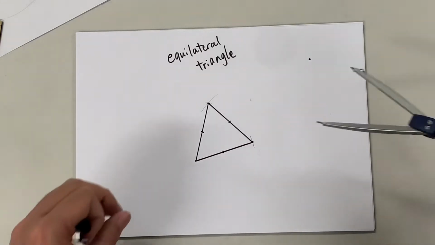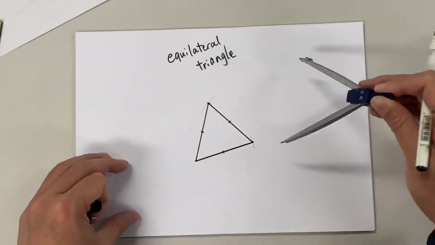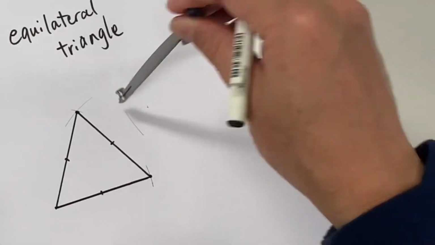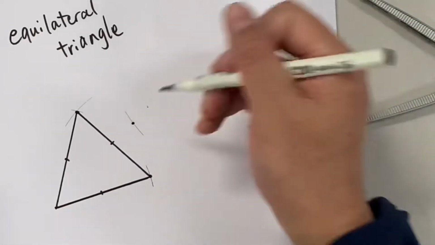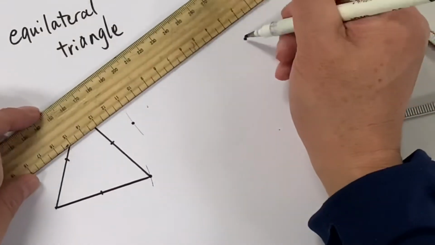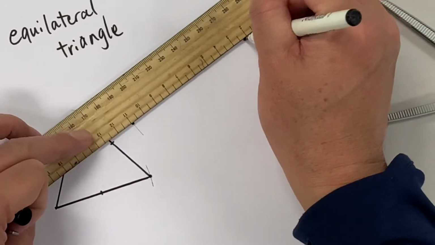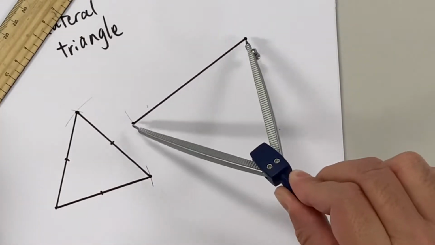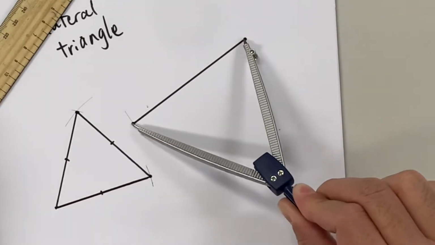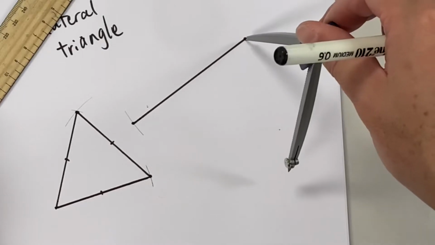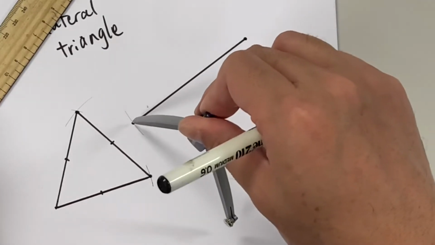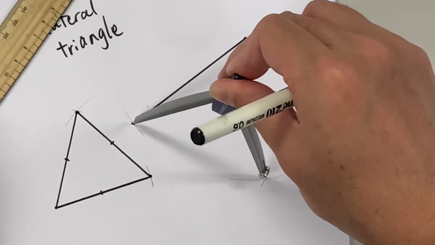I'll show you one more time. I can make it slightly larger. So here's a dot. I'm going to draw an arc. Here's a dot here. I can draw a line first. This may be easier for you. So from the same length, remember this is the measuring tool. From this dot, I can draw a little arc. From this dot, I can draw another arc.